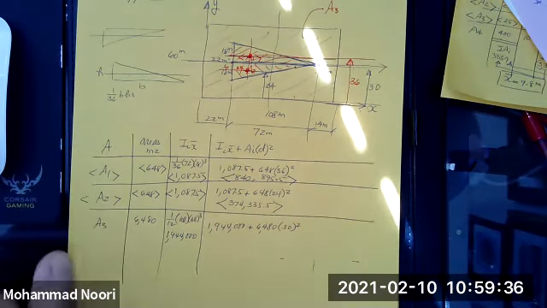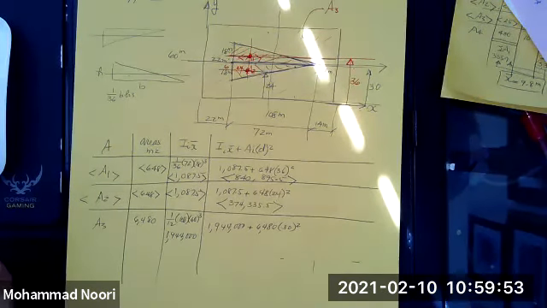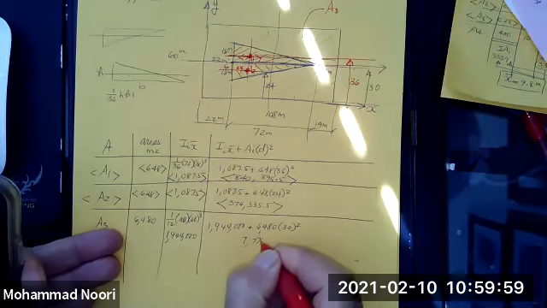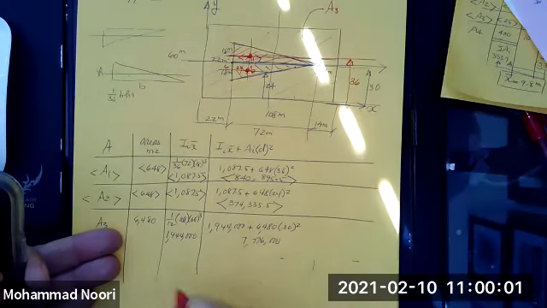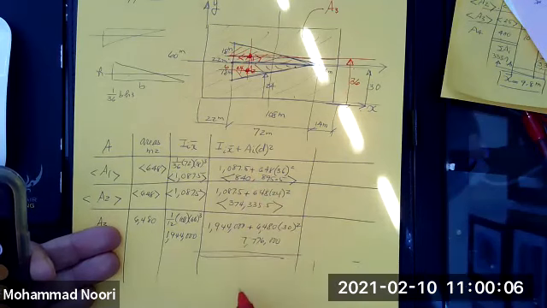Let's see how much that would be. What a large number. So that'll be 1,944,000 plus 6,480 times 30 squared, which would be 7,776,000.